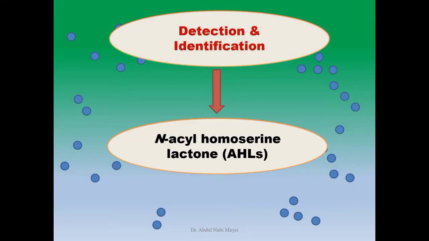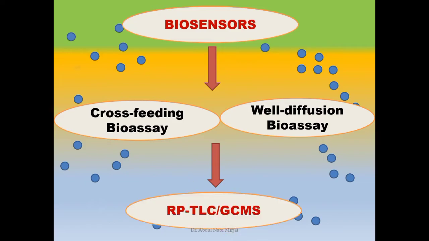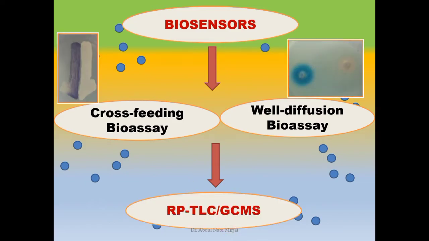Detection and identification of the N-acyl homoserine lactone based signal molecules. How can we detect and identify these quorum sensing signal molecules produced by bacteria? So the biosensors, what are biosensors? Biosensors are a specific type of bacteria.